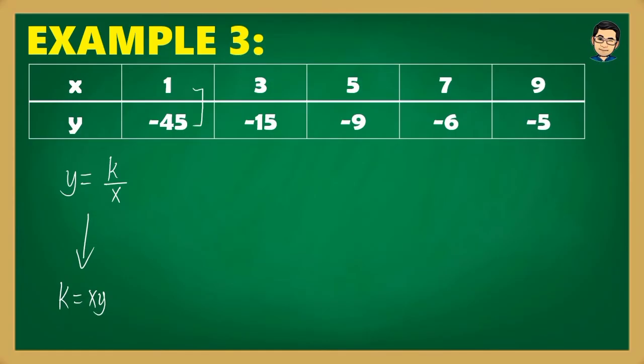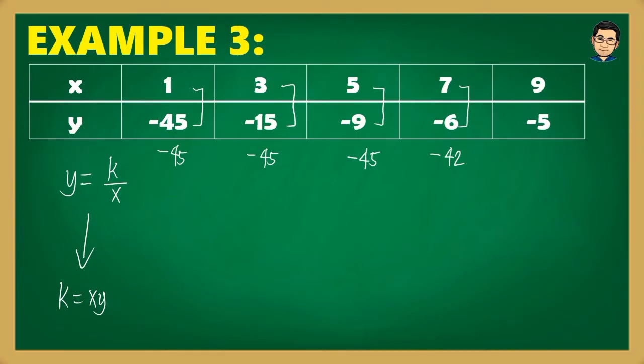So, 1 times negative 45, that is negative 45. 3 times negative 15, that is negative 45 also. Multiplying 5 and negative 9, negative 45. 7 times negative 6, that is negative 42. So, as you can see, yung nakuha nating value dito is negative 42, hindi po siya negative 45.